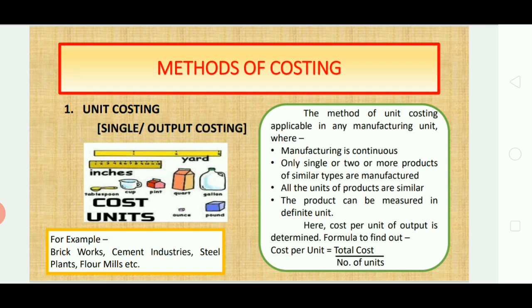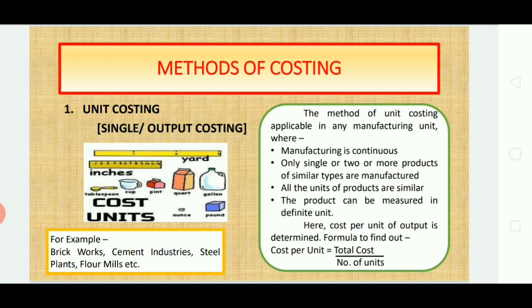For example, if you are manufacturing school bags, it can be countable, right? 1, 2, 3, 4, etc. If you are in a cement industry, then cement can be measured in terms of kilograms or tons.